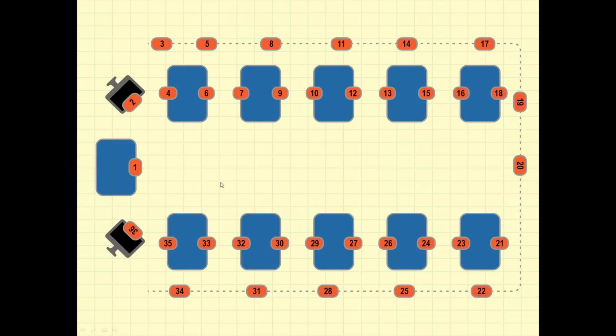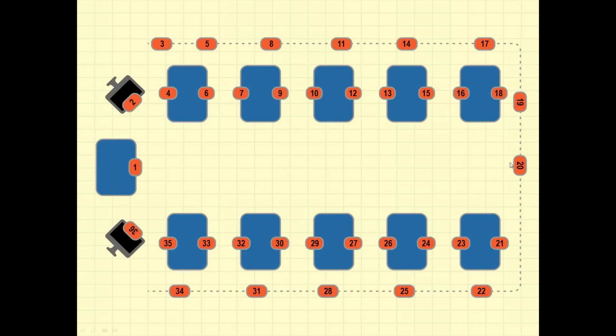So here is the physical layout of how the examination was set up. You can see we have 36 stations, 6 of which will end up being a rest stop. So there are 30 questions that the students must answer. The doors would be set up somewhere over here, if you can follow my arrow, and the students would come in, and we have station 1 here, and they would snake through.